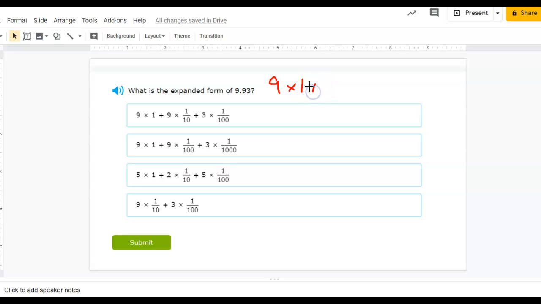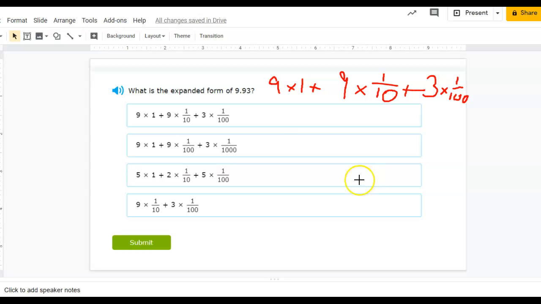Then I'm going to add the next number, and I have the 9, and that's in the 10th spot. So I'm going to take the number 9 and multiply that by 1/10. The next number I'm going to add is the 3 in the 100th spot. So I take the number 3 and I multiply that by 1/100 because that is in the 100th spot.